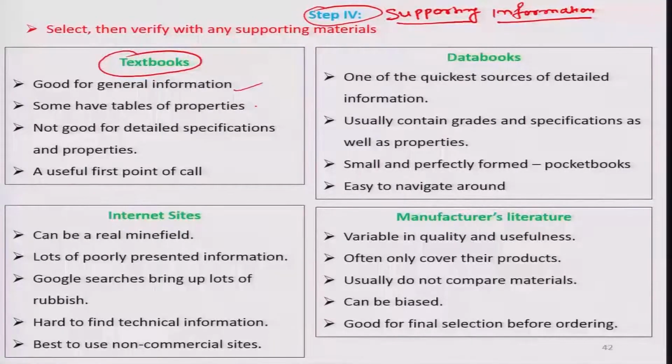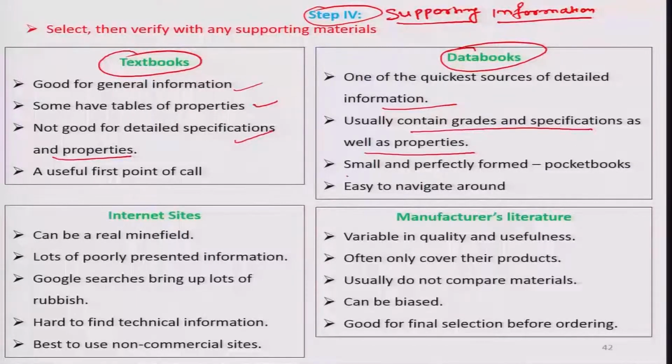Some have tables of properties, not good for detailed specification and property, a useful first point of call. And if you are taking help from a data book, it is one of the quickest sources of detailed information, usually containing grades and specifications as well as properties. A small and perfectly formed pocket book like that, you can install in your iPad, mobile, etc.